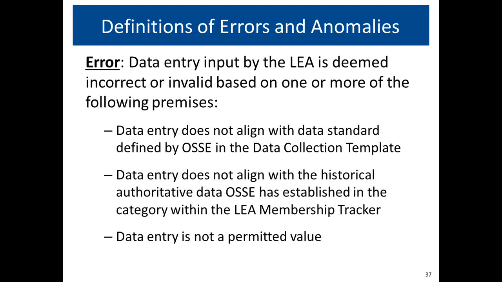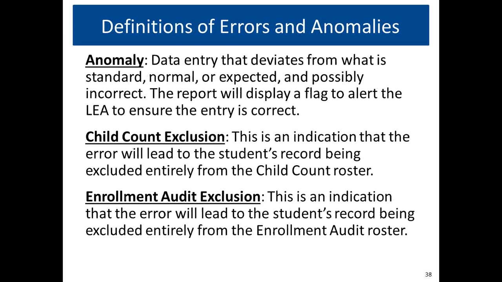The data entry is not a permitted value, and the data entry does not align with a data standard defined by OSSE in the data collection template. An anomaly is where the data entry deviates from what is standard, normal, or expected, and is possibly incorrect. The report will display a flag to alert you to ensure the entry is correct.